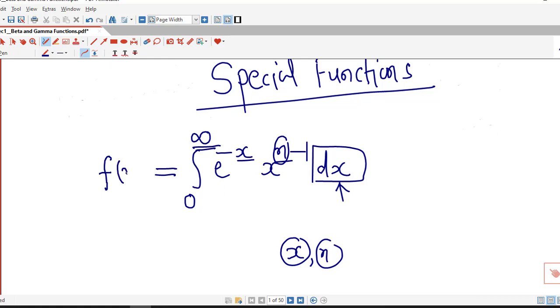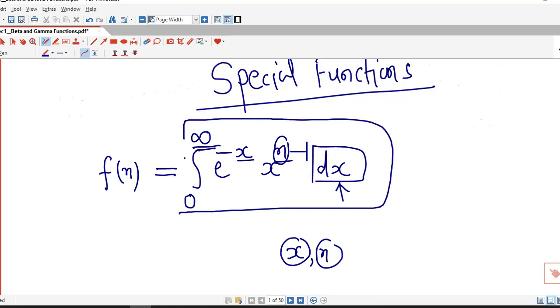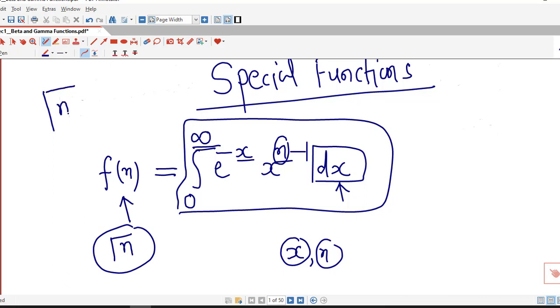So we will get a function of n for those values of n for which this improper integral is convergent. This function of n is known as the gamma function, and because it is a special function, it is denoted by gamma n.